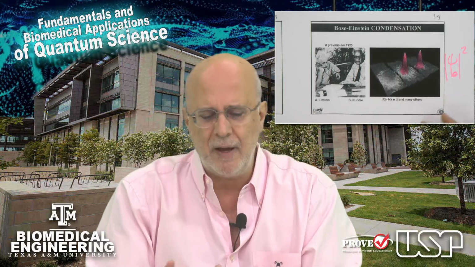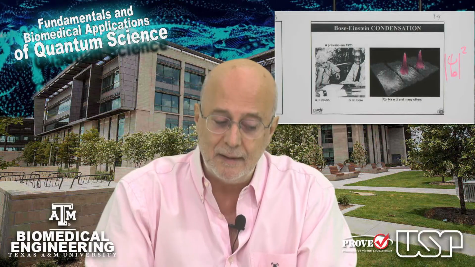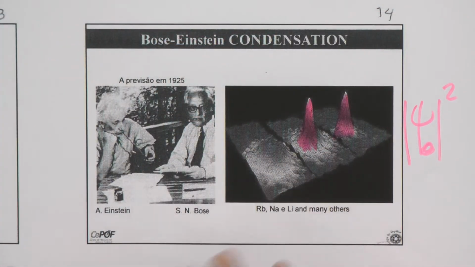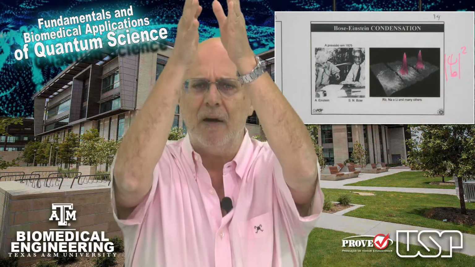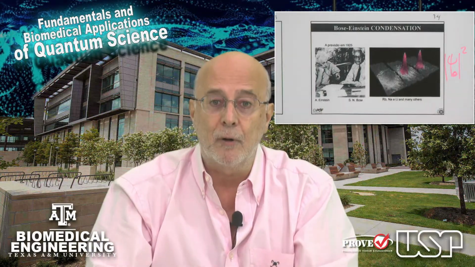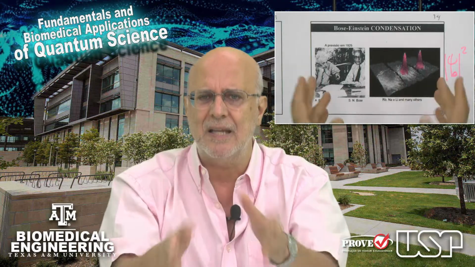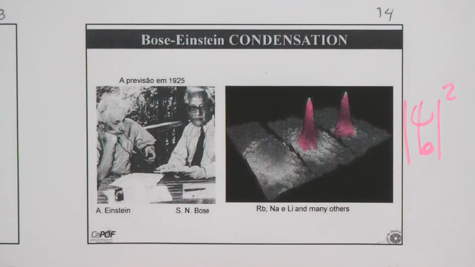And that's a change of behavior. In physics, when we have a change of behavior, we call it a change of phase. In this case, we go from the classical gas, all spread around the confinement, to a very well-behaved peak. All the atoms behave exactly the same, with the same wave function, all in the same level.